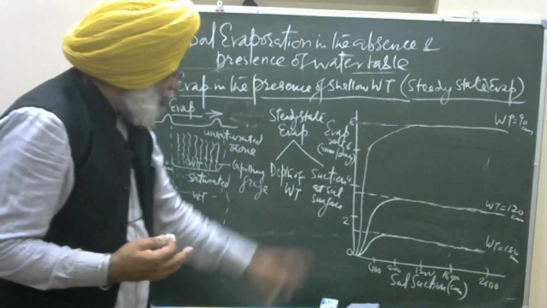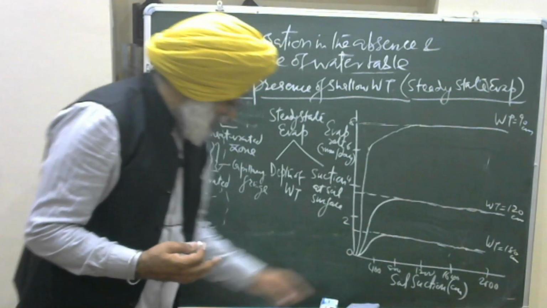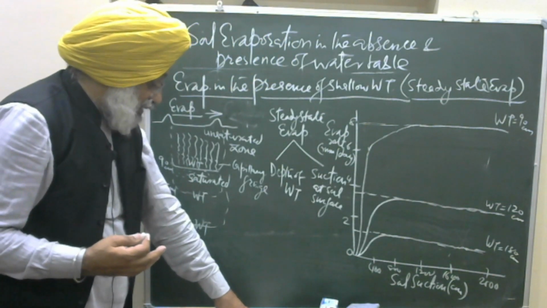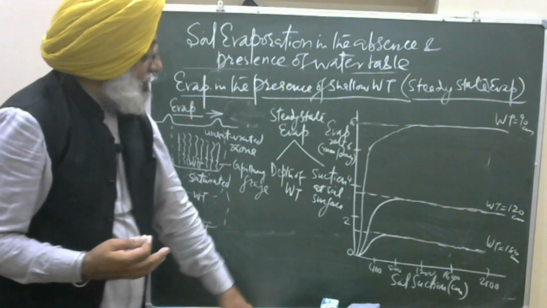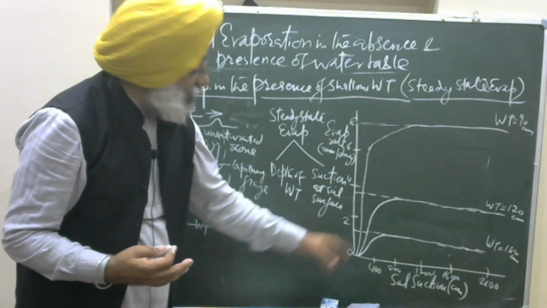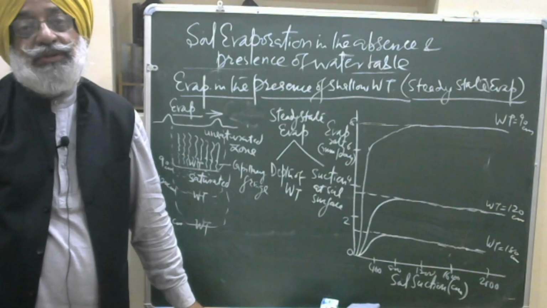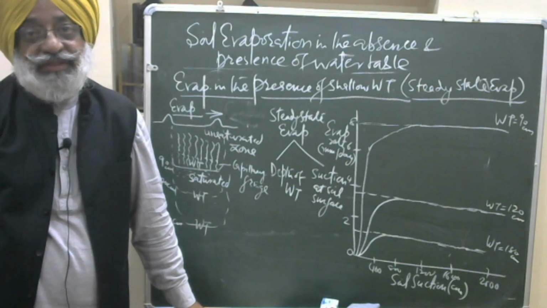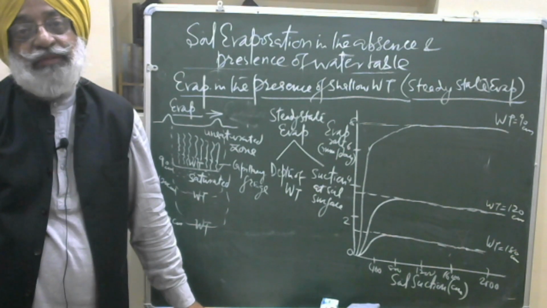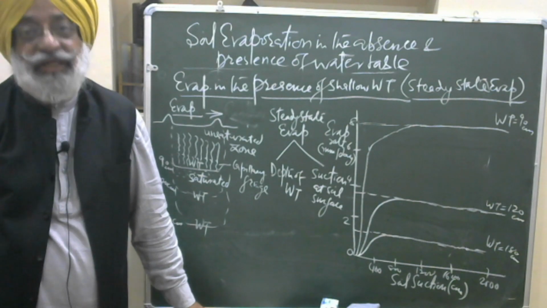But as the water table becomes deeper and suction increases, then evaporation rate approaches a limiting maximal value, that is less than 4 over here, less than 2 over here. So this is all about the evaporation from the soil surface with a shallow water table, without a shallow water table. I hope the things are clear. Thank you very much.